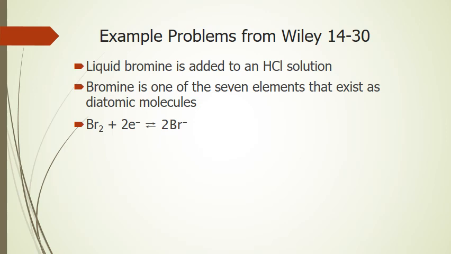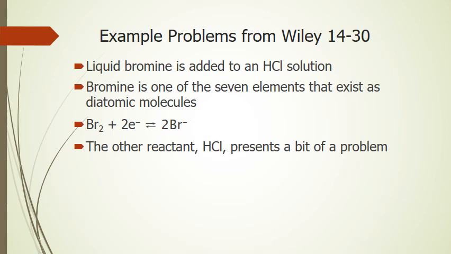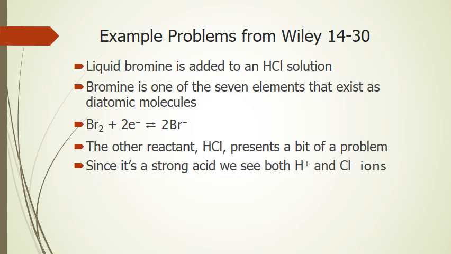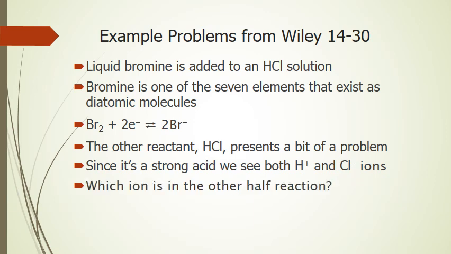There's our half reaction. Table 14-1 only lists one with bromine. The other reactant presents a problem because HCl is a strong acid. When that goes into solution, we have H plus and Cl minus ions. So which ion is going to be in our other half reaction?